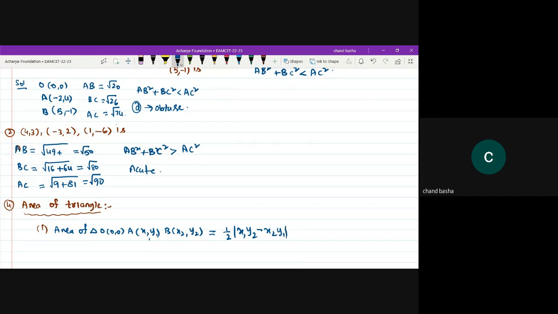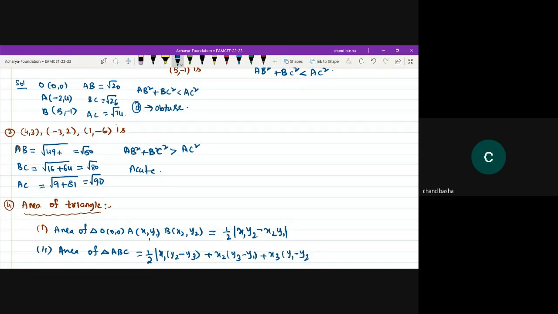This formula everyone knows. The second one, area of the triangle when 3 vertices are given, that is ABC, is equal to half into x1 (y2 minus y3) plus x2 (y3 minus y1) plus x3 (y1 minus y2).